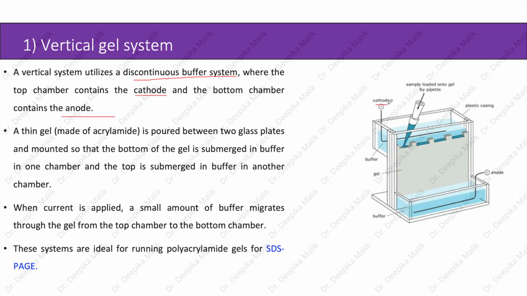A thin gel made of acrylamide is poured between two glass plates and mounted so that the bottom of the gel is submerged in buffer in one chamber and the top is submerged in buffer in another chamber, as you can see in the diagram. When the current is applied, a small amount of buffer migrates through the gel from top chamber to bottom chamber. These systems are ideal for running polyacrylamide gels for SDS PAGE, which we'll discuss in detail.